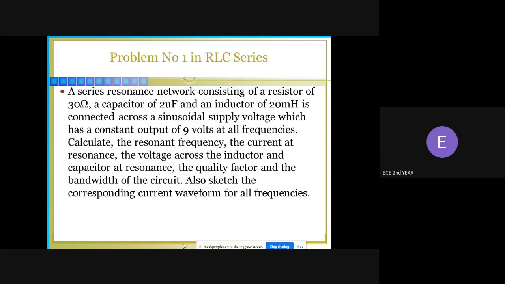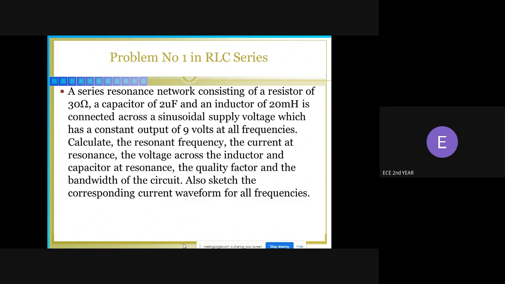The problem: a series resonance network consisting of a resistor of 30 ohm, a capacitor of 2 microfarad, and an inductor of 20 millihenry is connected across a sinusoidal supply voltage which has a constant output of 9 volt at all frequencies.